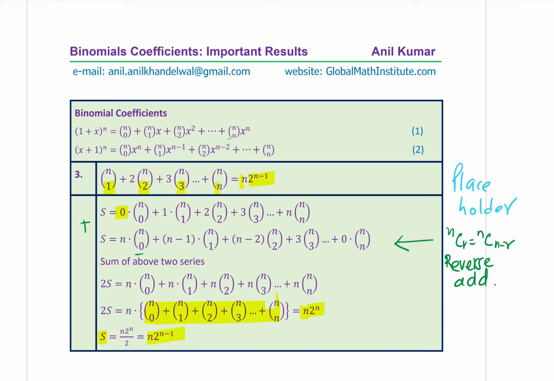So is that part clear to you? What you saw here is that the series, which was nC1, 2 times nC2, 3 times nC3, was rewritten in two different ways, right? And then we added them up to get a series where n was a common coefficient.